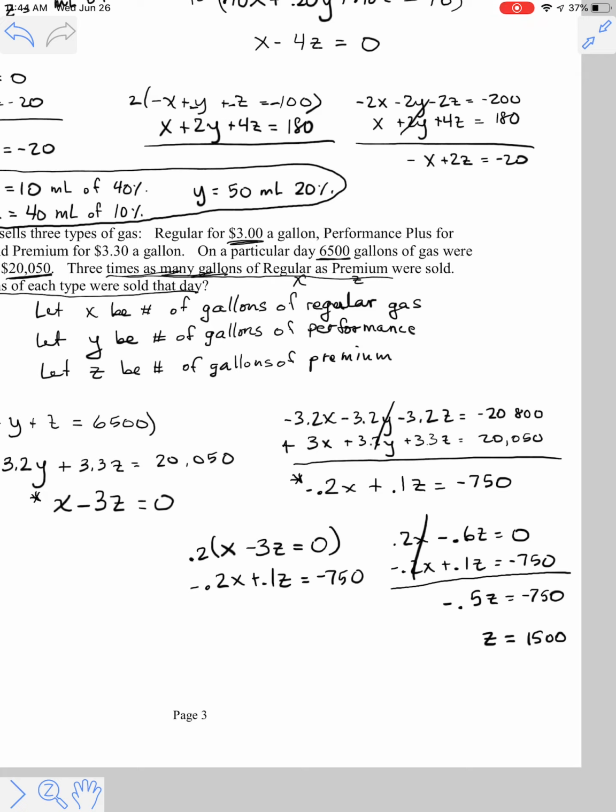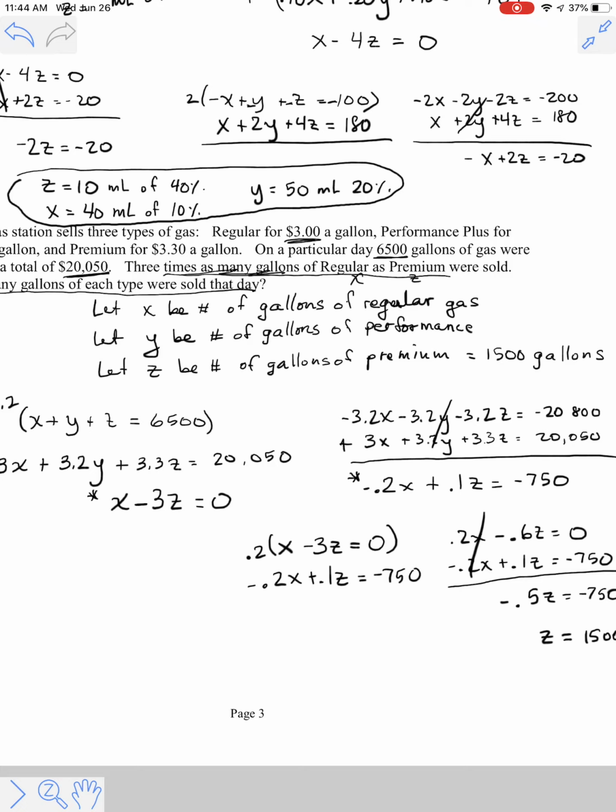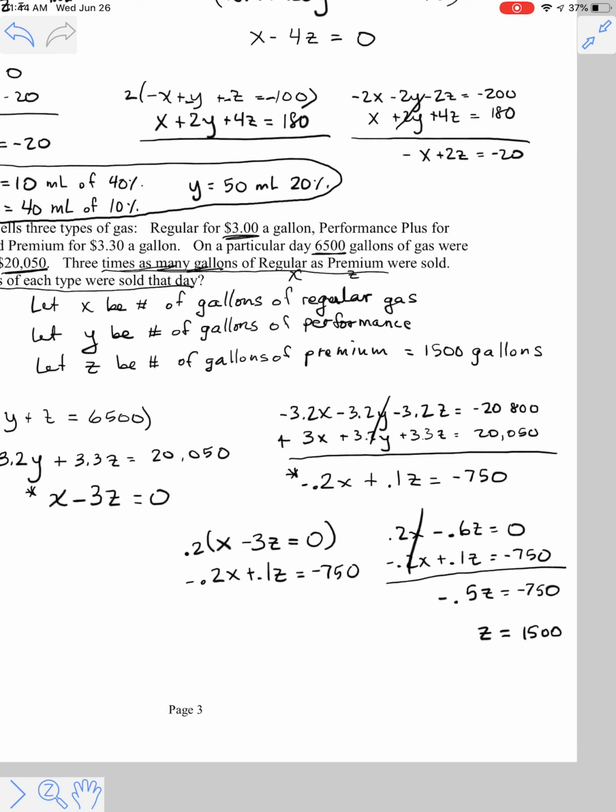So that's 1,500 gallons of premium. And according to that statement, 3 times as much as that was sold for the regular gas. So if I take 1,500 and multiply that by 3, you get 4,500. So I know that there was 4,500 gallons for regular.